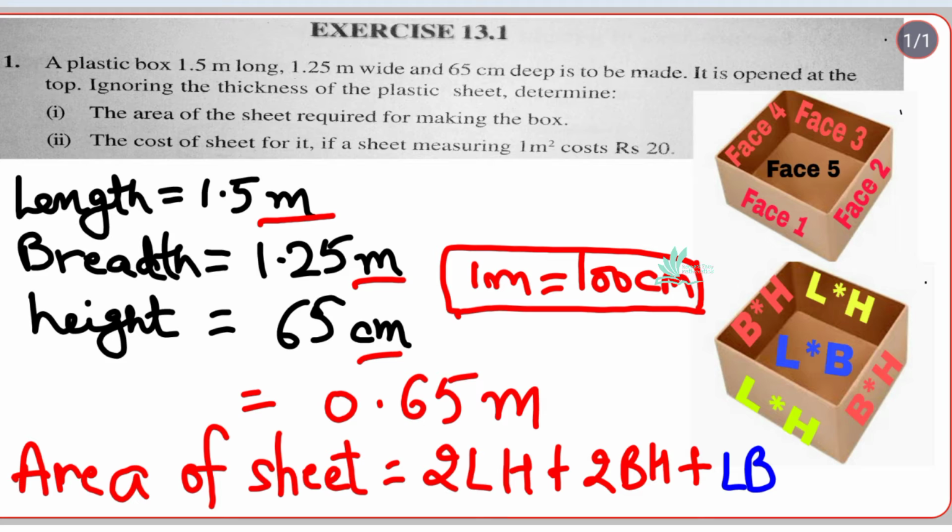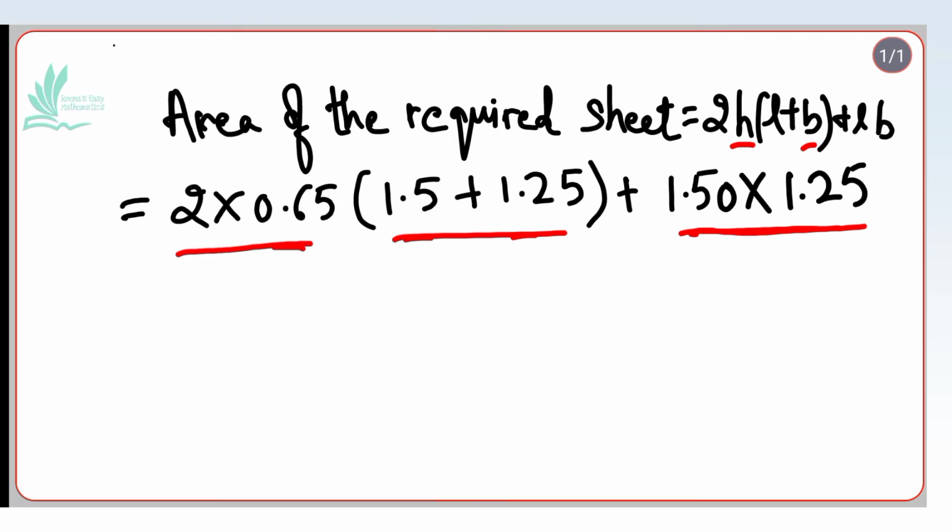Here the dimensions do not have the same unit. First of all, we change 65 centimeter to 0.65 meter and put the values of length, breadth and height in our proper formula. Start solving it by the use of BODMAS. 2 multiply 0.65 will give us 1.30. Then we have to solve the bracket. After solving 1.5 plus 1.25, we get 2.75.